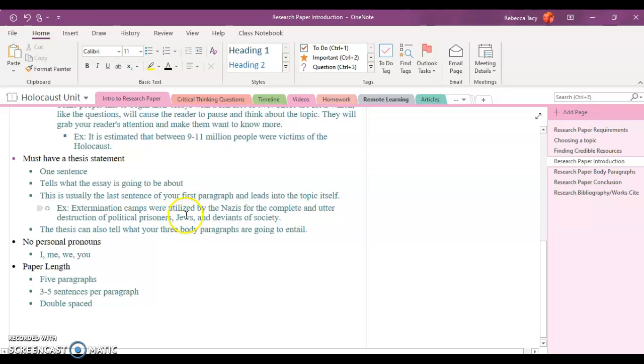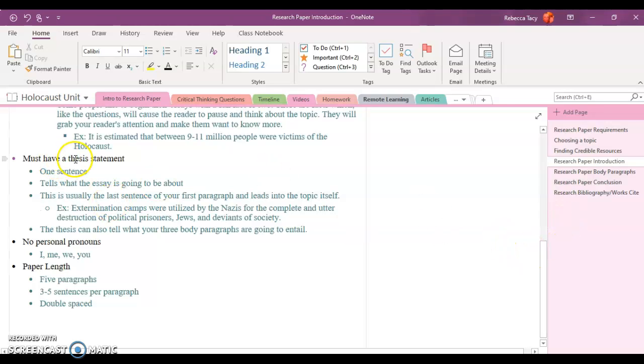My second paragraph would be about the Jewish people. And my third paragraph would be about the deviants of society. We talked about those in class a little bit. Those are the people that had disabilities or were not seen as perfect. So each one I've outlined into what I'm going to talk about in my essay. You can do it this way. You do not have to, but sometimes it's just easier. That's up to you as well.